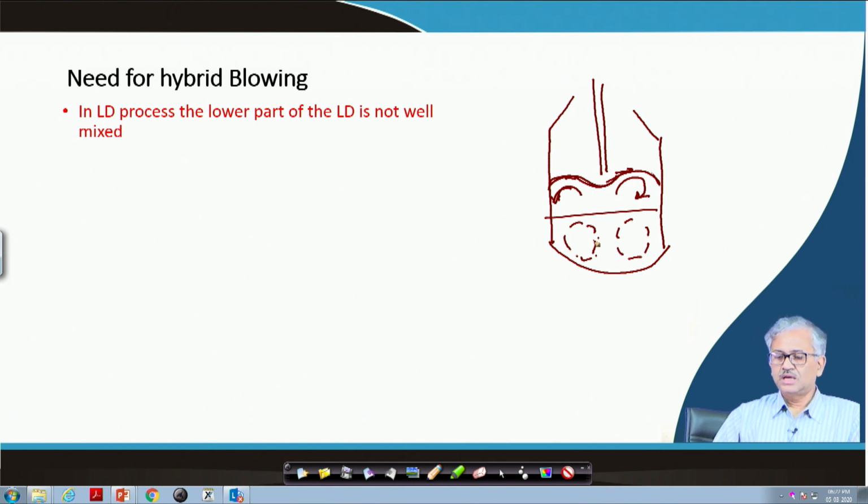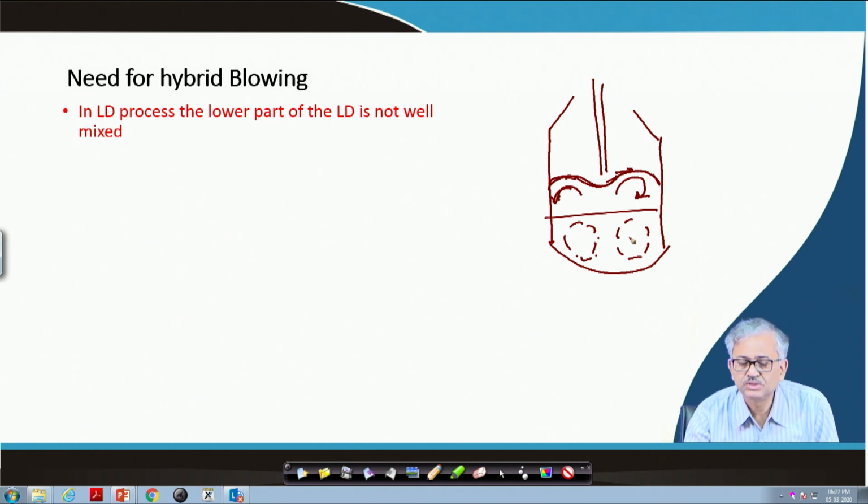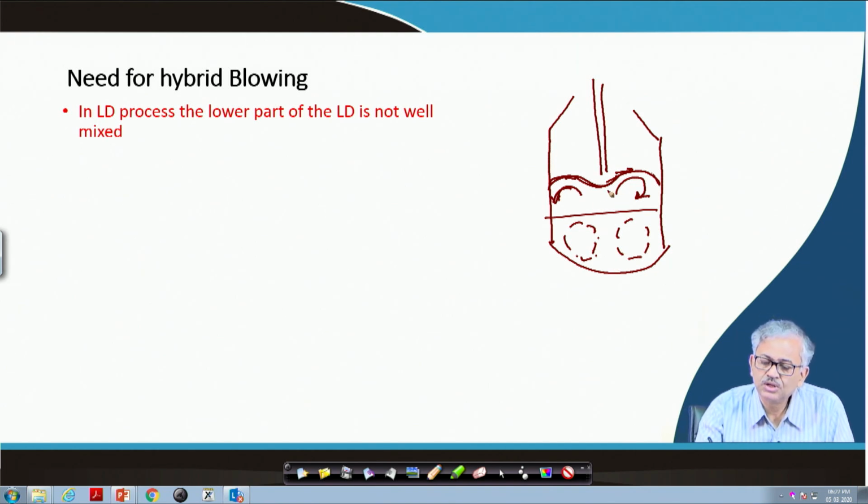Whatever the carbon impurity percentage, the impurity residing in the lower part may remain rich even after a long blowing period. In the upper part the impurity will diminish very quickly and get mixed up, because the liquid from the upper part goes into the emulsion, comes down, and is mixed totally.